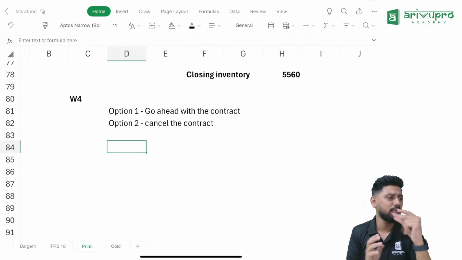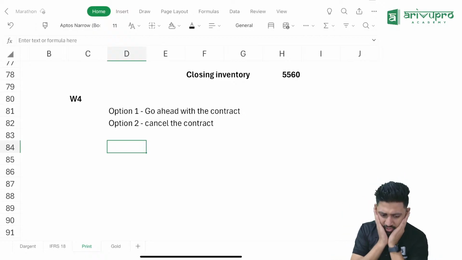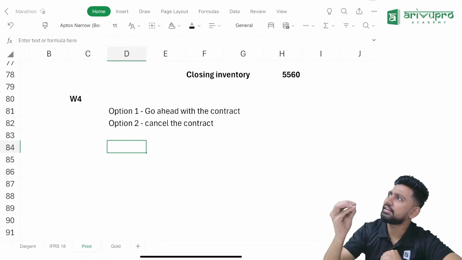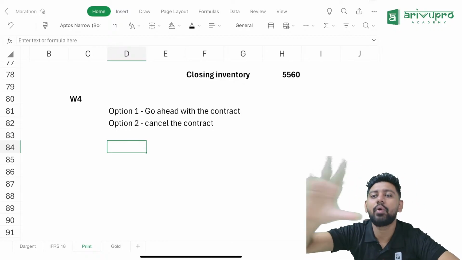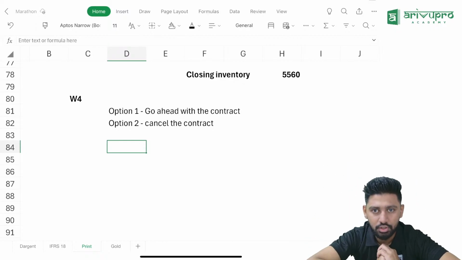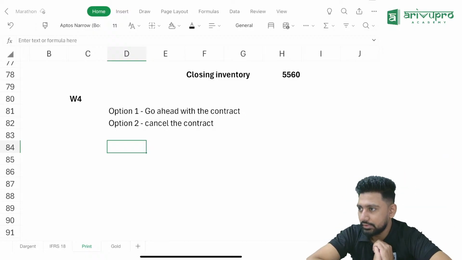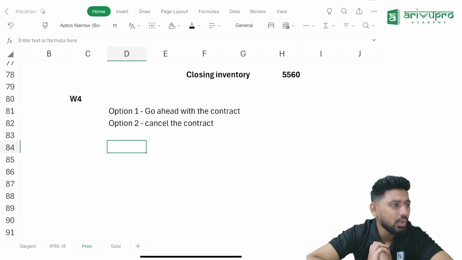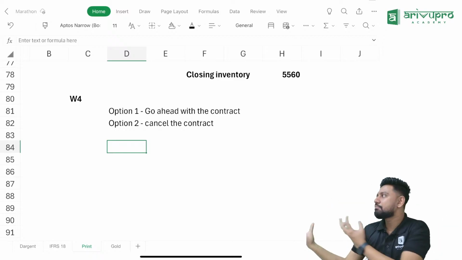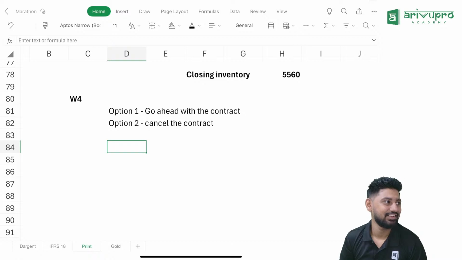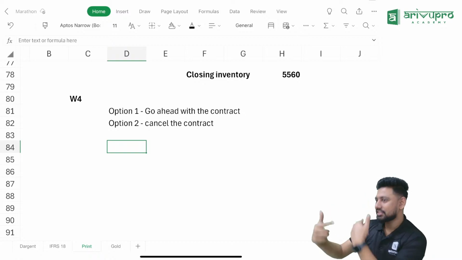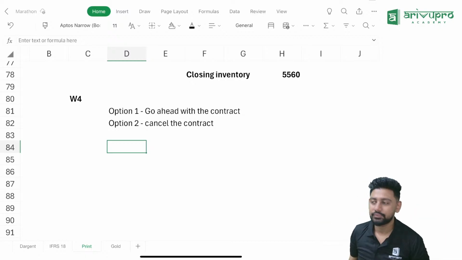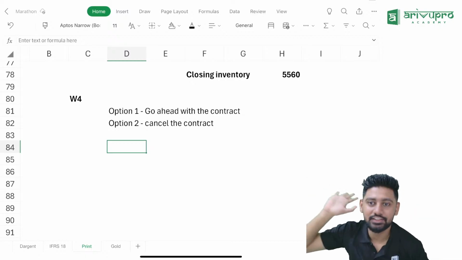IAS 37 at this point. Look here, everybody. IAS 37 says, if you have a contract and this contract results in an additional unavoidable cost which is greater than the benefit that you get out of the contract, then you have an onerous contract.